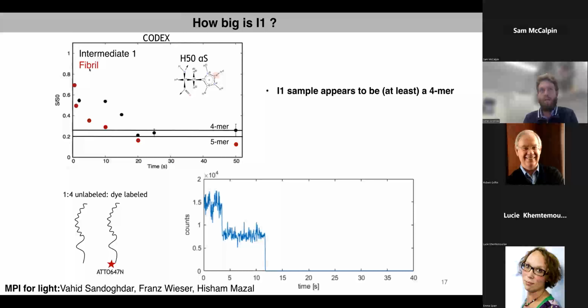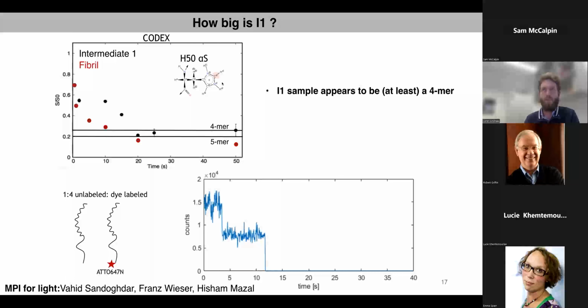Compared to the fibril, it loses intensity faster, meaning that the distances between, in this case, labeled histidine are somewhat closer. However, you see that even the fibril only decays down a little bit below 5-mer. And so into this higher range of oligomer number, the method is getting somewhat less precise.